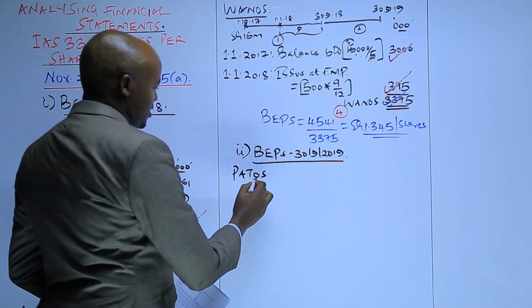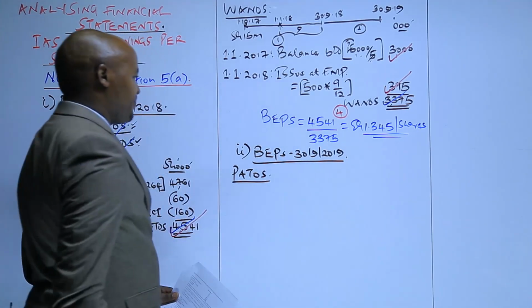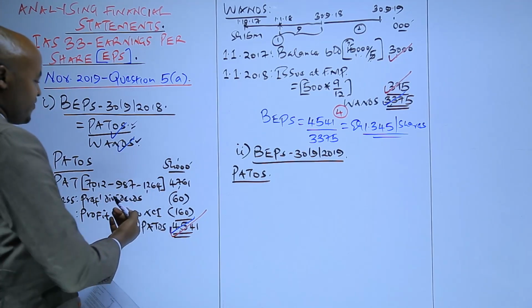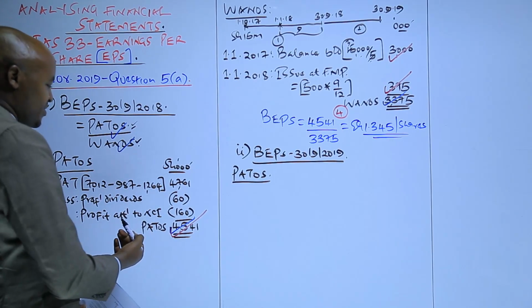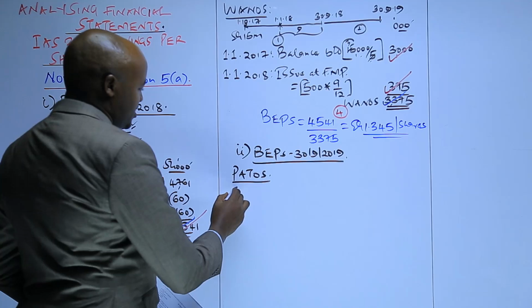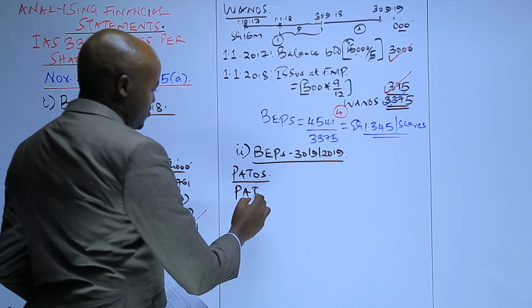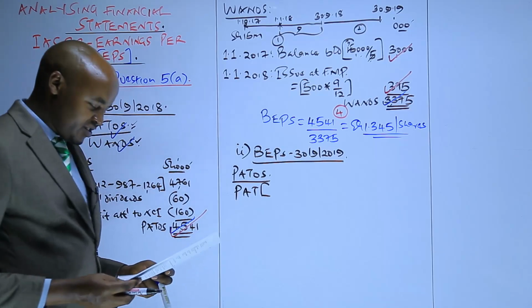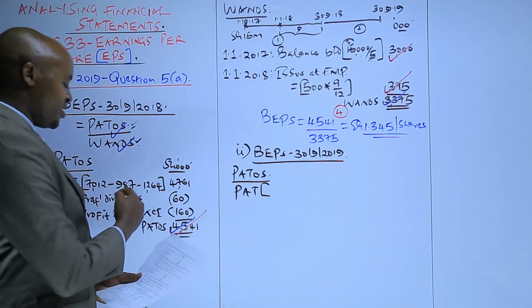So let's start by determining the PATOS for the second year. So the procedure is the same. Take the profit after tax minus preference dividends minus the profit attributable to non-controlling interest, which gives the profit attributable to ordinary shareholders. So the profit after tax, equally this one is not given, but we are going to compute it in the same way.